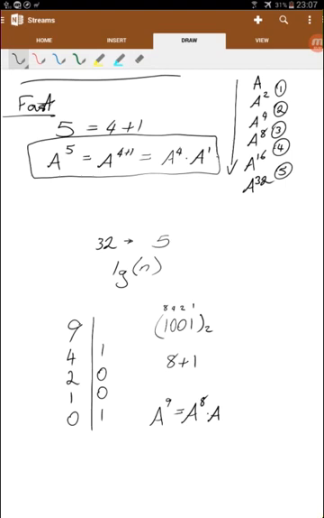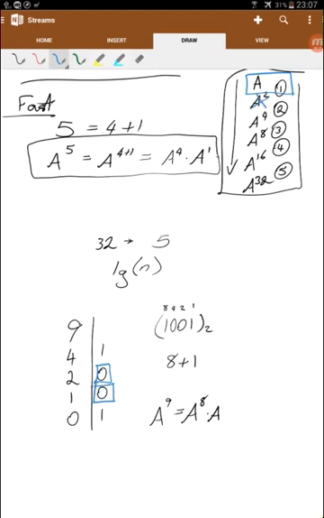And as we work our way down our list of powers of 2 that we see on the top right corner here, we can calculate those as we go. So the first one that we got told us that indeed we did need to use a to the power of 1. This 0 told us we didn't need to use a to the power of 2.